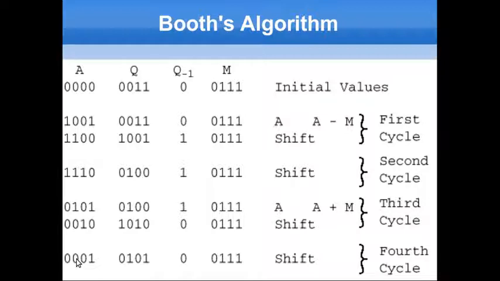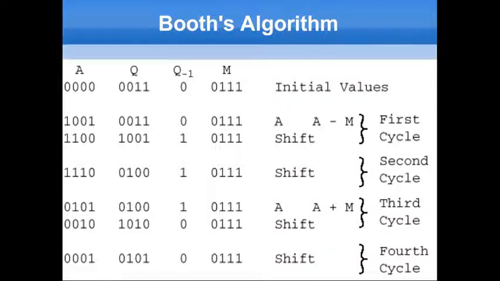Additionally, we notice that at the end of our fourth cycle, there are non-zero values in the accumulators column and Q column, and I specifically pointed these out because, as I said before, when we began and picked our multiplier and our multiplicand, you were told to keep account of the number of digits in each of these. And here's why.